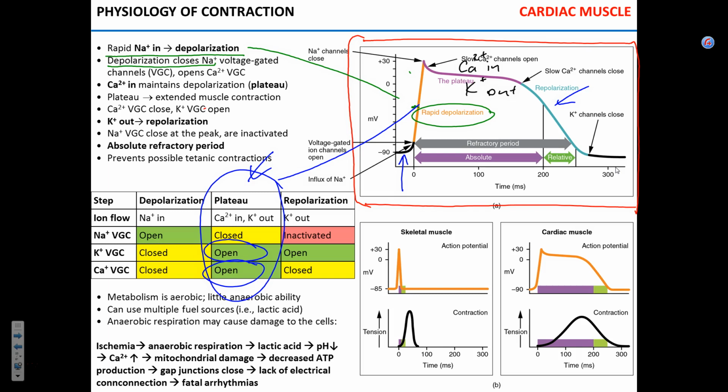So that balance between calcium influx and potassium efflux allows cell to maintain the plateau for certain period of time. Eventually, of course, at this point, calcium channels close, and the only channels that are left open are potassium channels, and potassium flows out, repolarizing cardiomyocyte.